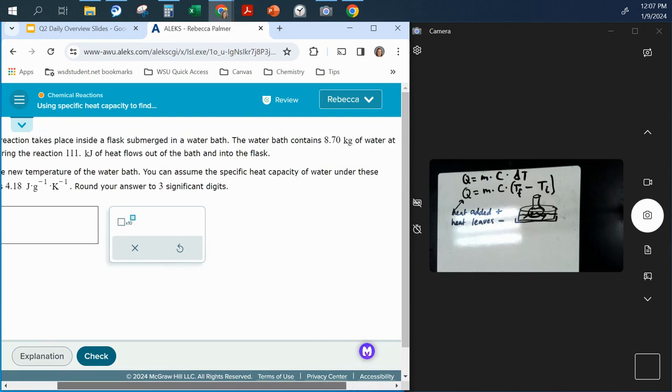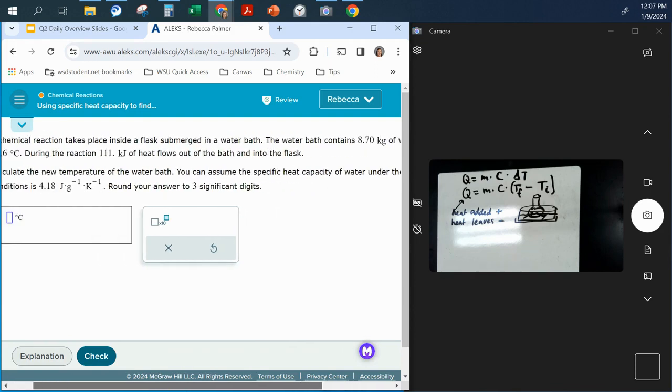Okay, so this one we have the water bath and the mass of the water bath. This problem is nice because we don't have to convert anything, if you understand how to do that. Q is heat, M is mass, so I'm going to write the mass right here: 8.7 kilograms. C is a constant. They tell us that every time, but it's the same for water.